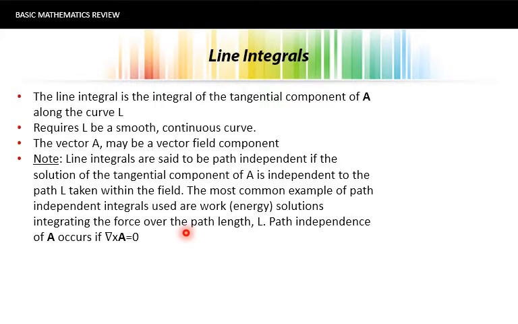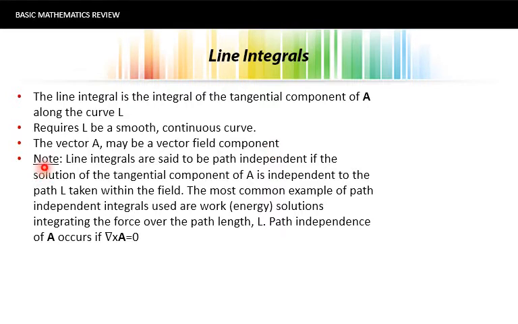The line integral is the integral of the tangential component of vector A along the curve L. It requires L to be a smooth and continuous curve. The vector A may be a vector field component.